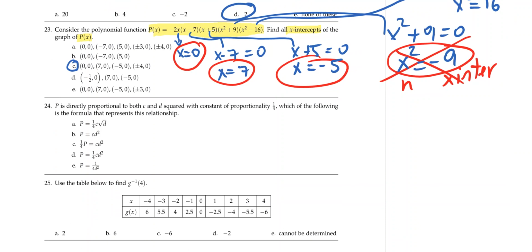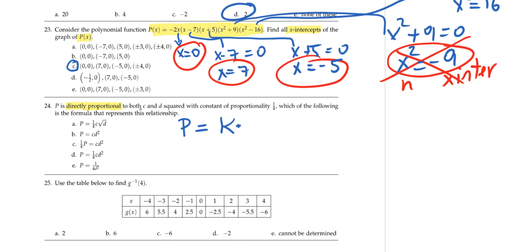All right, number 24 says that P is directly proportional. So directly proportional means that you're going to have a constant times something. So P is directly proportional means P equals K times whatever it is directly proportional to.